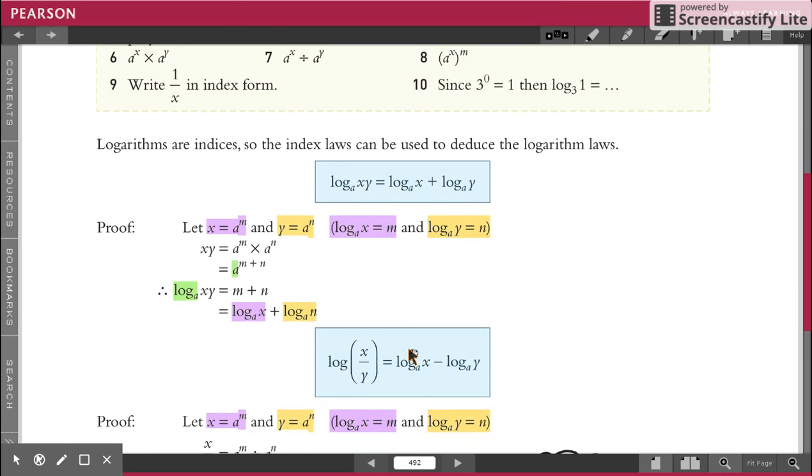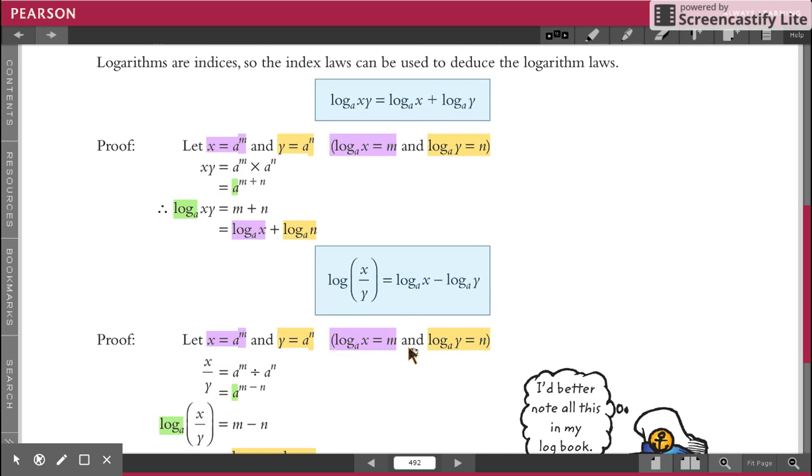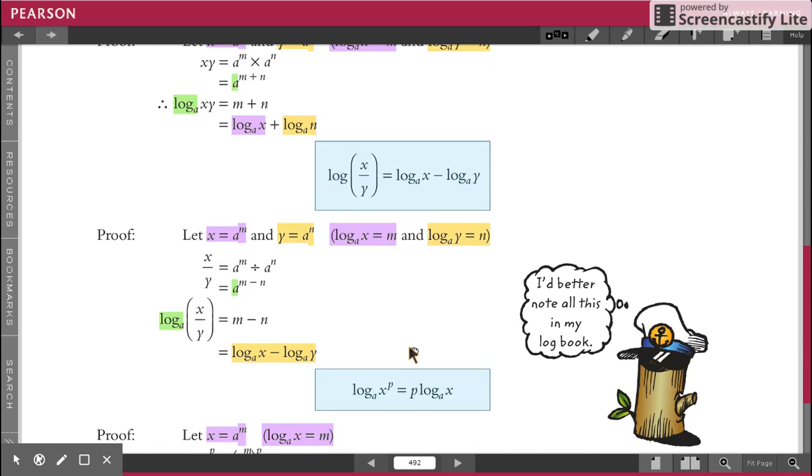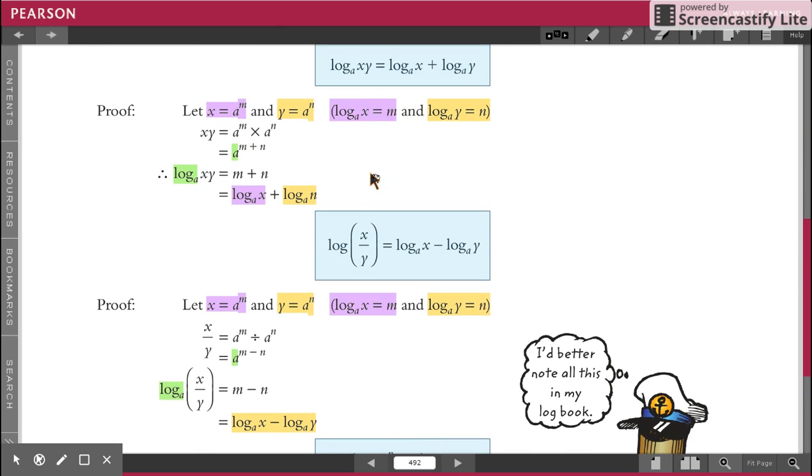Next, we've got a similar law, which I've similarly color-coded. And you'll see here that it's basically the same except for when division's involved. So up here we had multiplication. Now we're looking at division. And our indice laws are again used, except now, when we're dividing, our indice laws tell us that we subtract the indices once they're under the same base.